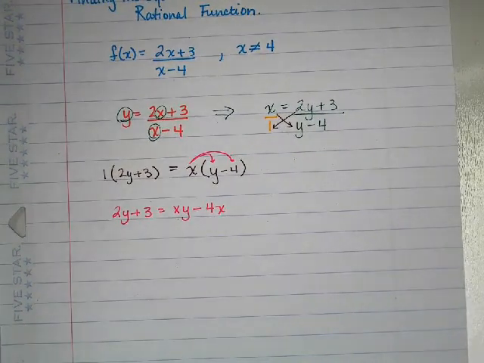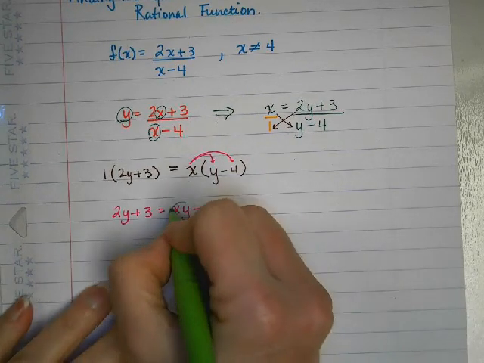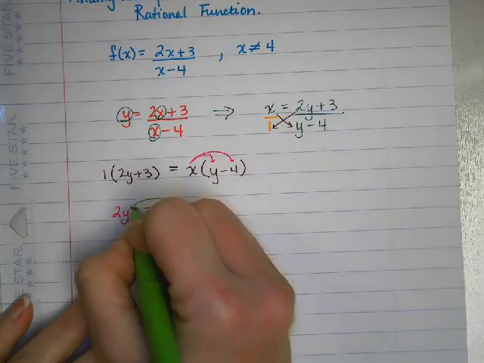Now I need to get all of my y's together, I'm sorry, because I'm trying to solve for the new y. So I've got 2y and I have xy. So I want to move my xy over to be with my 2y. So I'm going to take this over here.